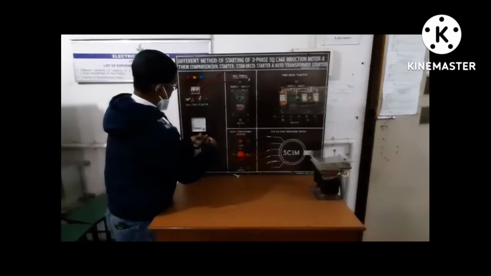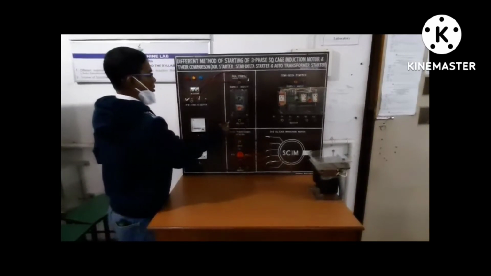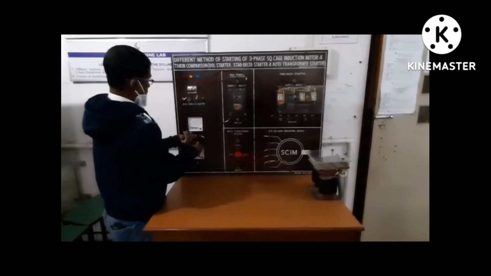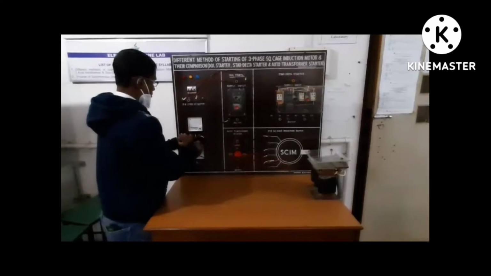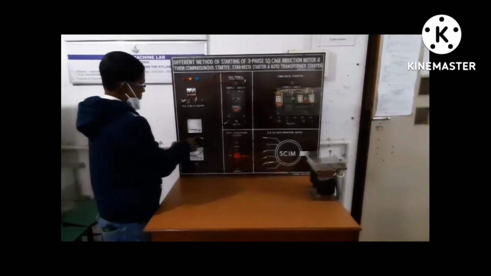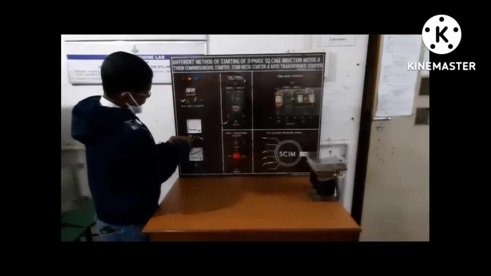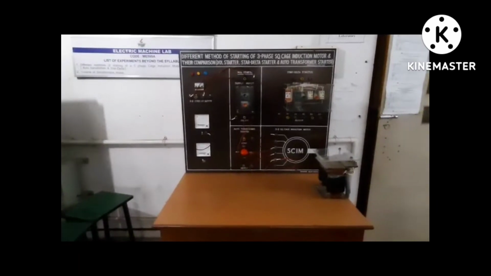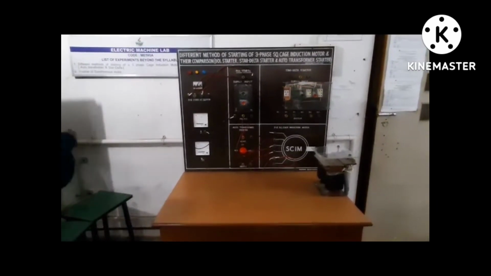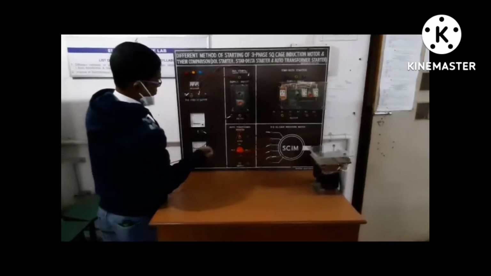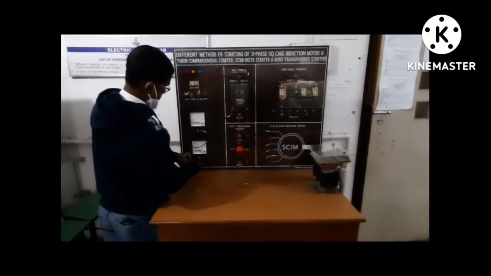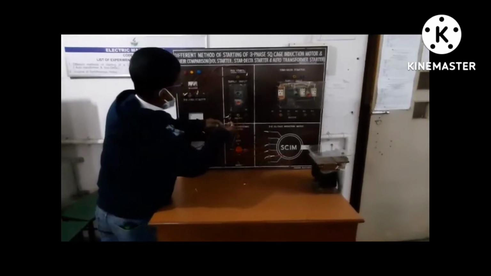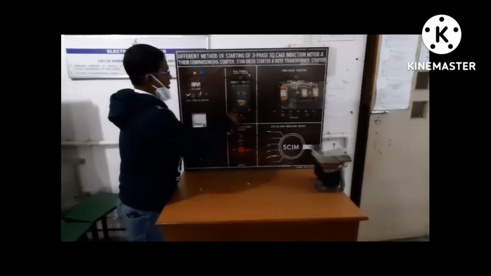It may be R phase or Y phase, any one of the phases. To measure the voltage, I connect the voltmeter in parallel.